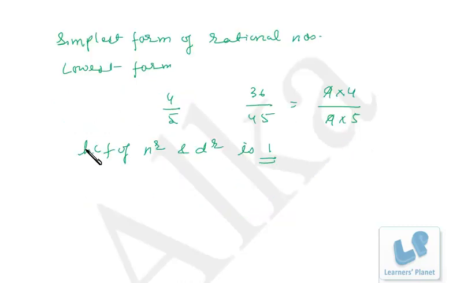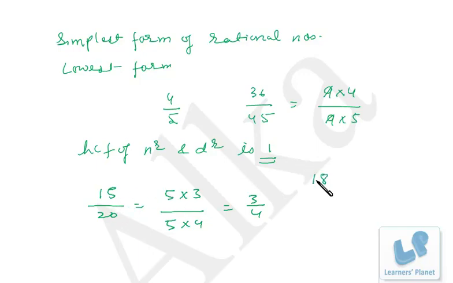Let me take more examples. Suppose I have 15 by 20, right? Now 15 is 5 into 3, and this is 5 into 4. So the 5s will be cancelled, and we'll be getting 3 by 4. So 3 by 4 is the simplest form of 15 by 20, right?